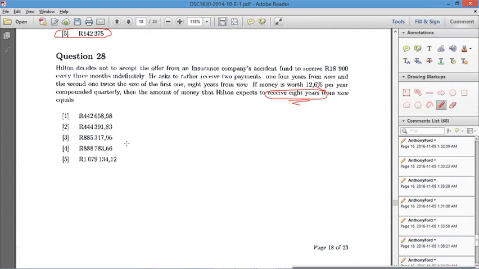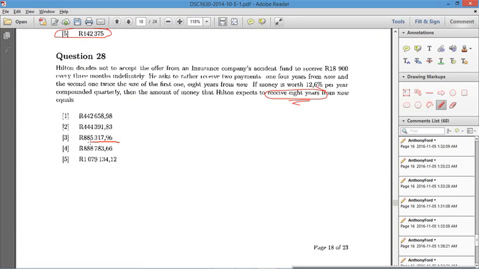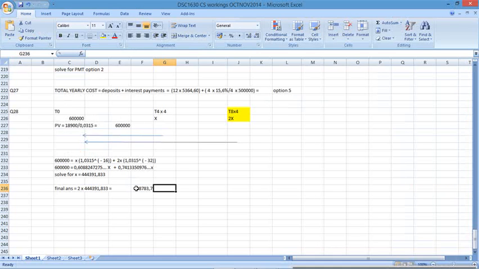Okay, option number 3. 3, no, option number 4 actually. Okay, it's 888, not 885. Okay, 888.